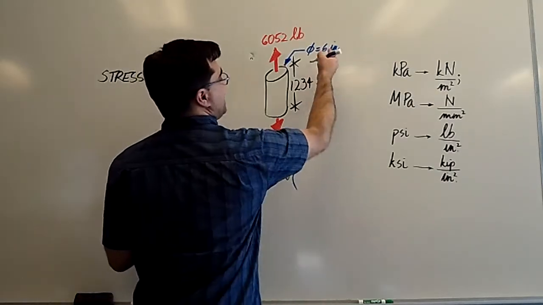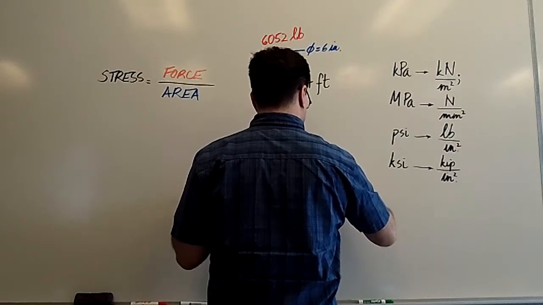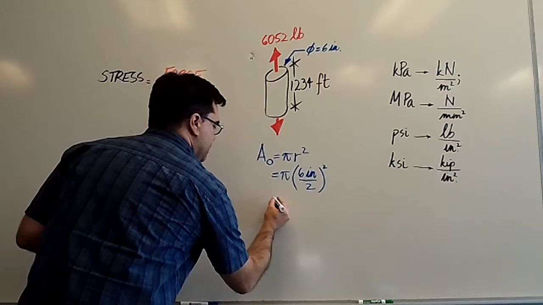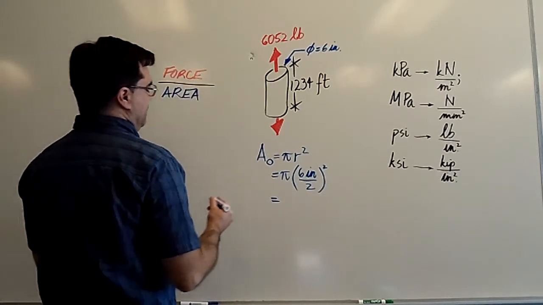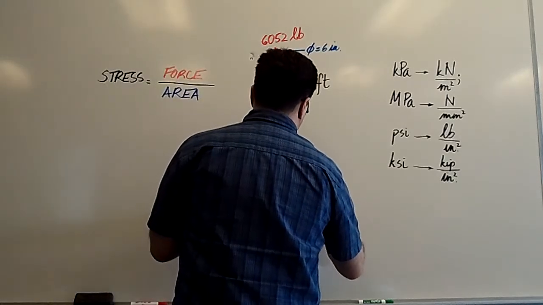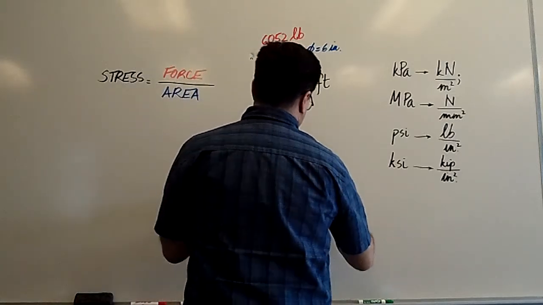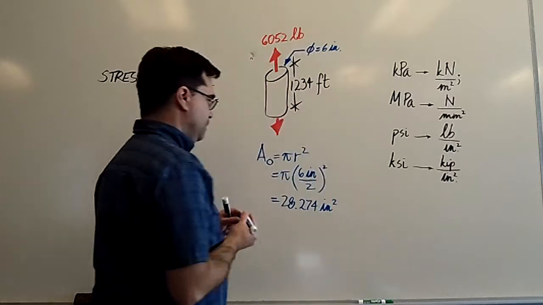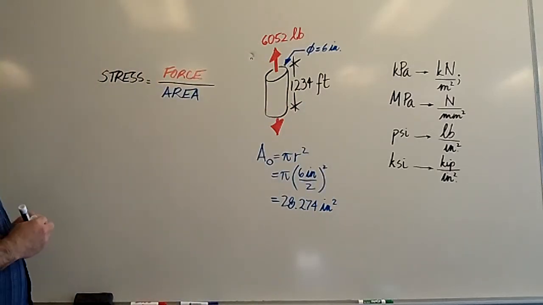So the radius is half that, 6 inches divided by 2. All of this squared, and we get 28.274 inches squared, because units matter.